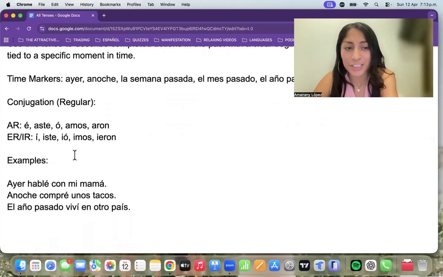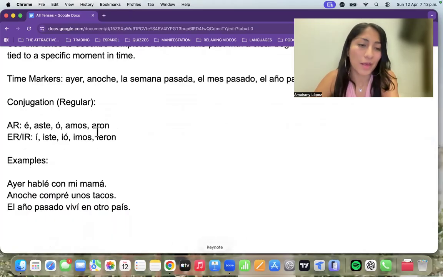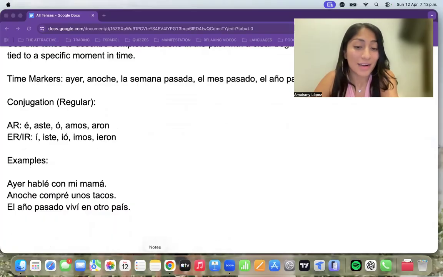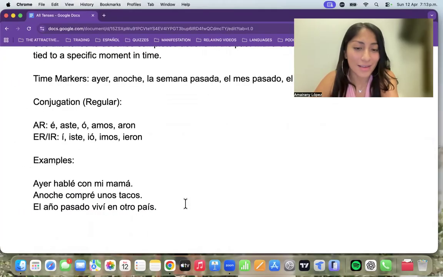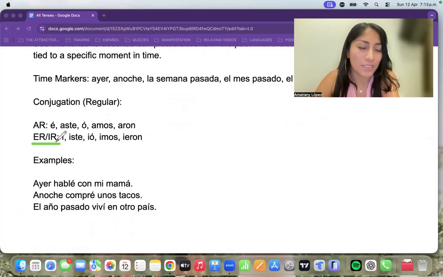Okay, now the conjugation. The really cool thing about this is that whatever applies to the -ar and the -er ending verb also applies to the -ir ending verb. So it's only separated into two categories here.